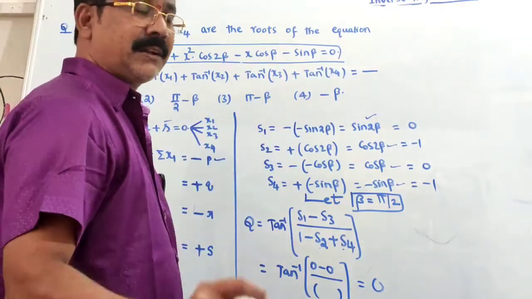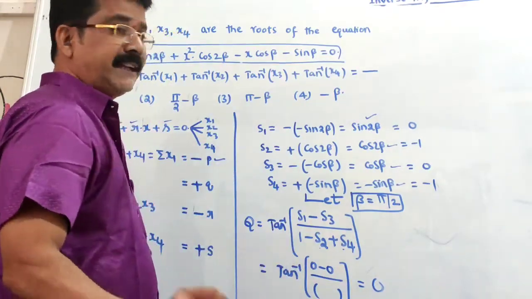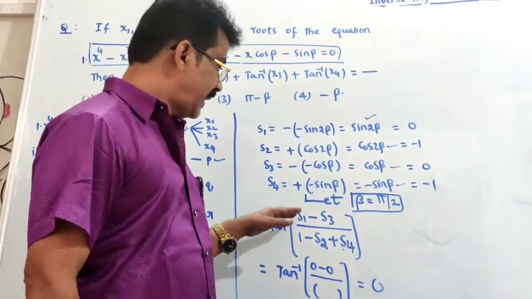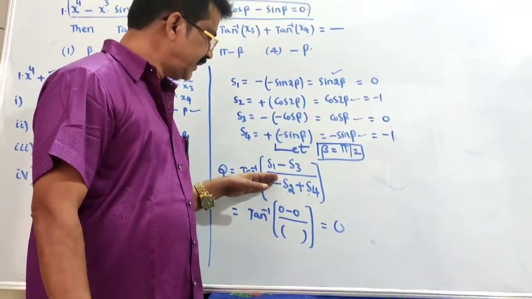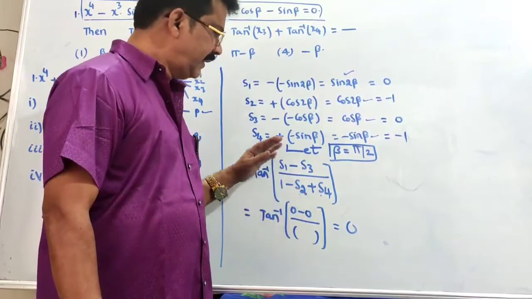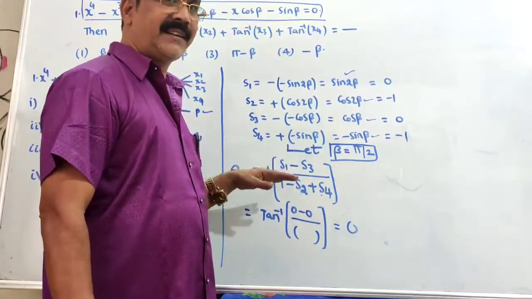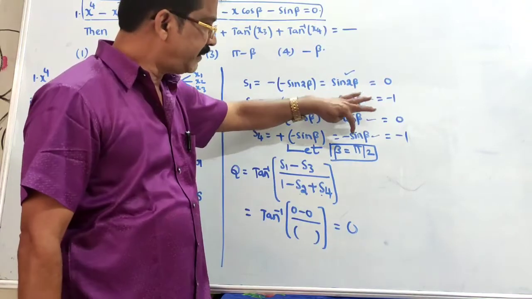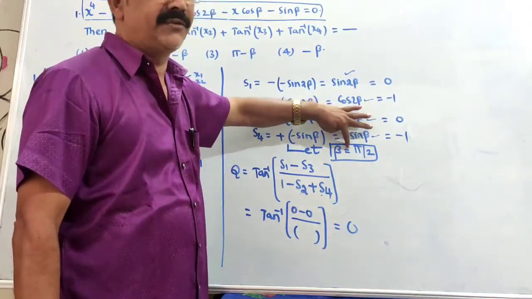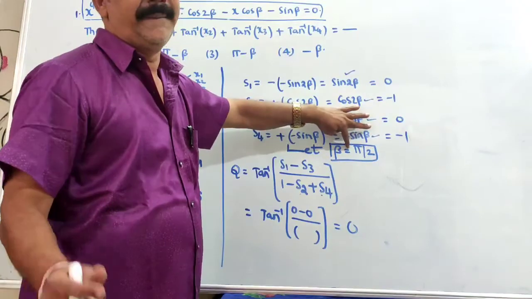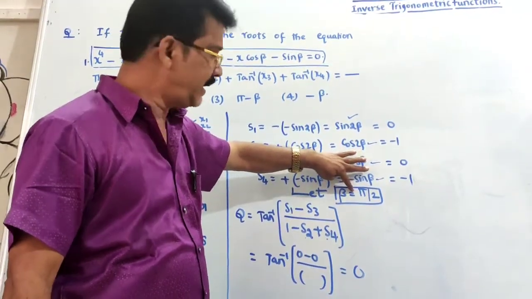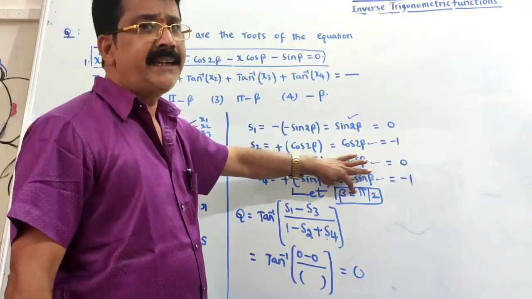This is a useful shortcut in trigonometry also. Whenever you have terms in the numerator and denominator in terms of alpha, beta, theta, delta and so on, please take some random simple value: 90 degrees, 45 degrees, 30 degrees, 0 degrees. Here it is better to take 90 degrees.